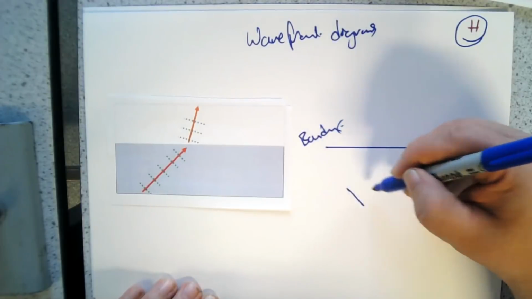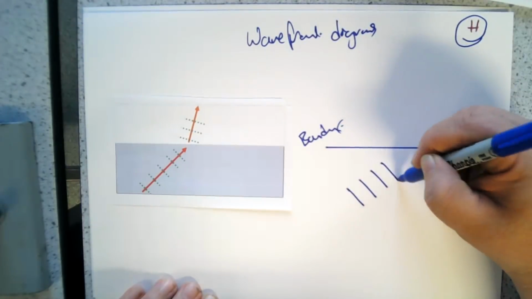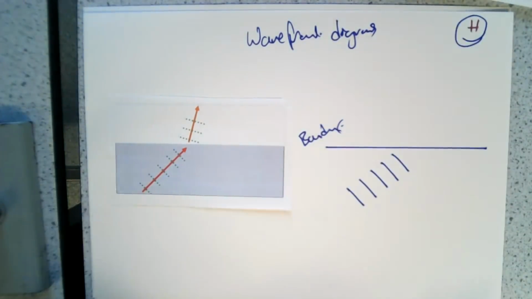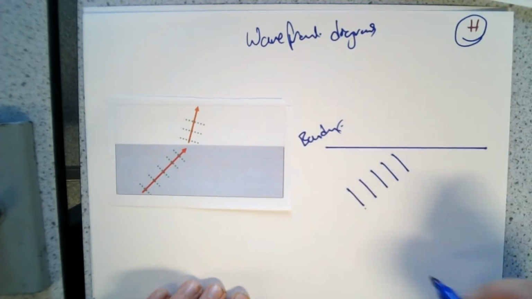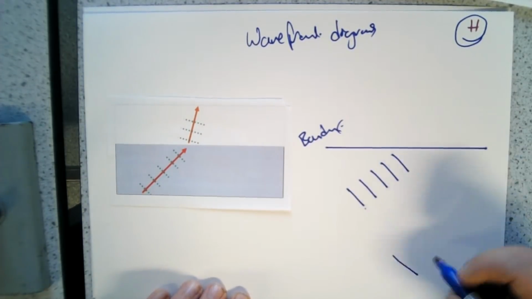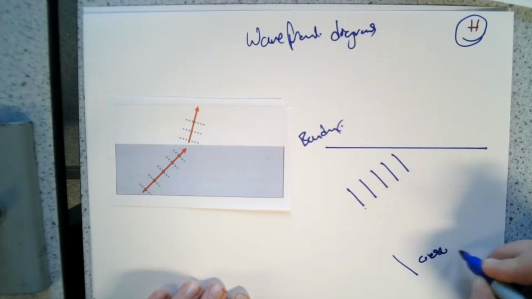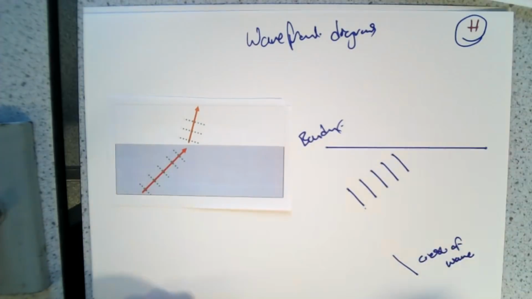So I'm going to draw a wavefront. They might give you a diagram like that and say, complete the diagram to show how the wavefront behaves. Just remember each of these lines is like the crest of a wave. So I'm just showing how many waves are going there.